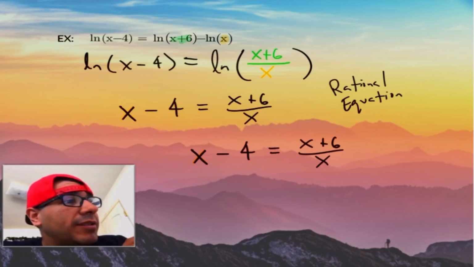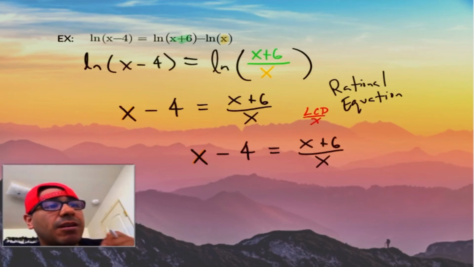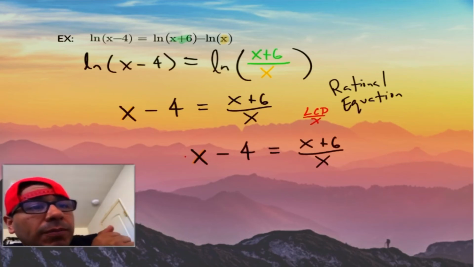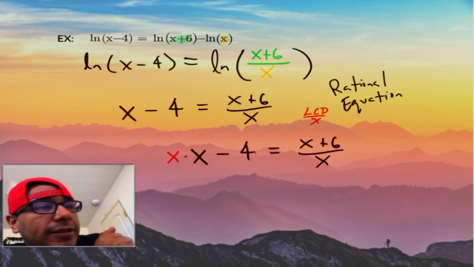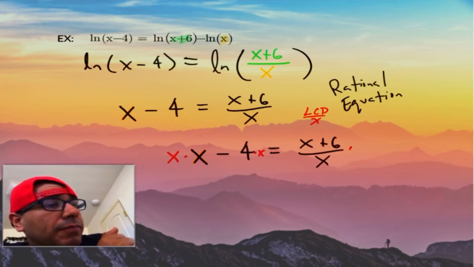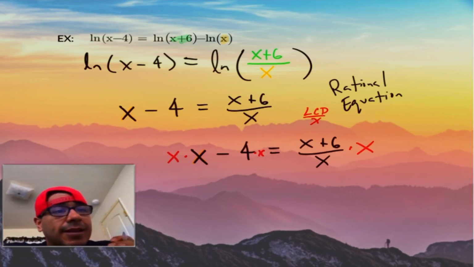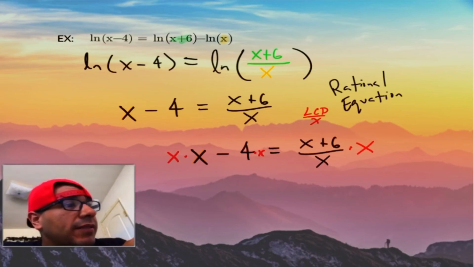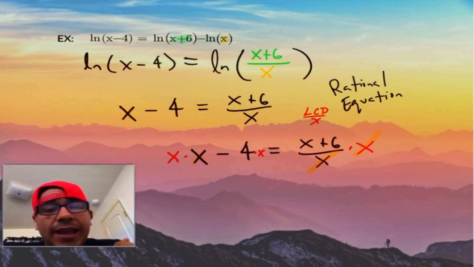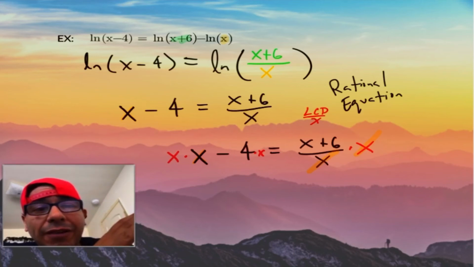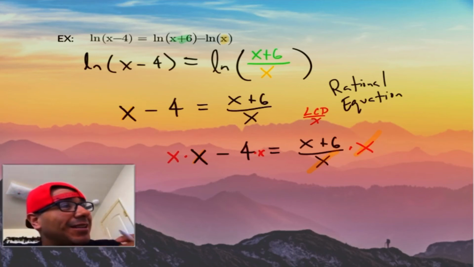We're going to find the LCD, which in this case is x, our least common denominator, and we're going to multiply every single term by x. The whole point of that is now this x and this x are going to cancel, and we no longer have fractions. You see what I did there?